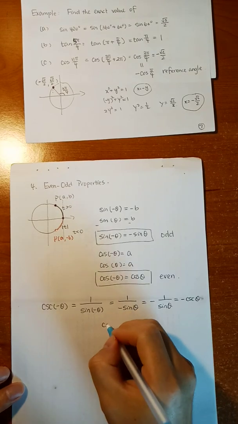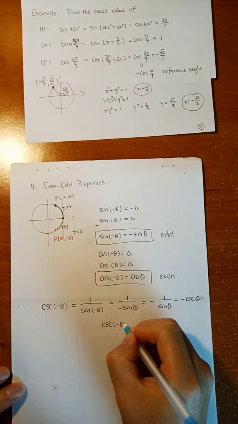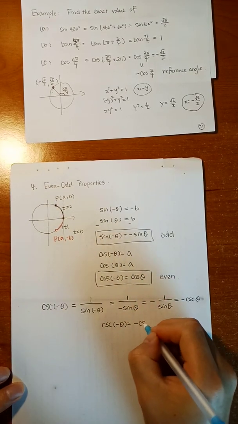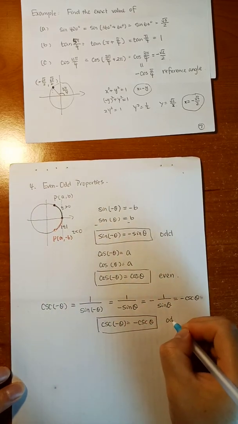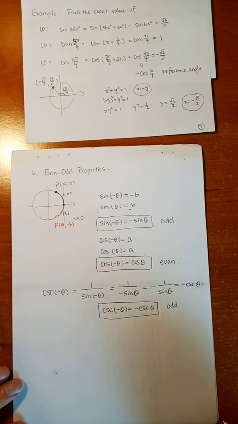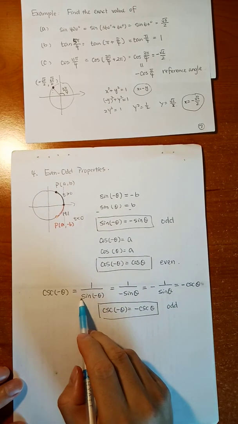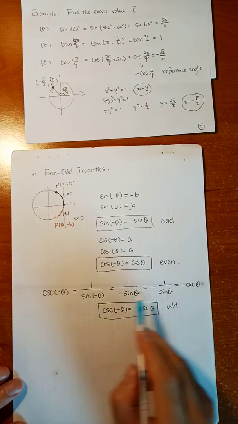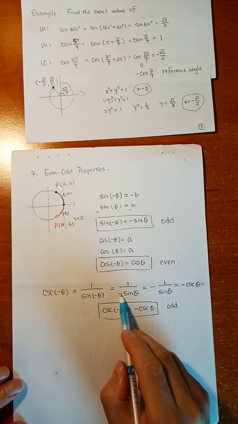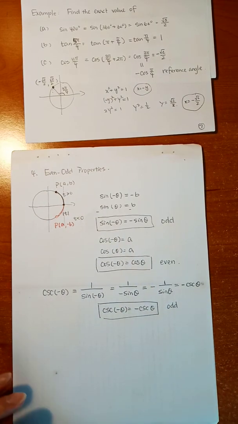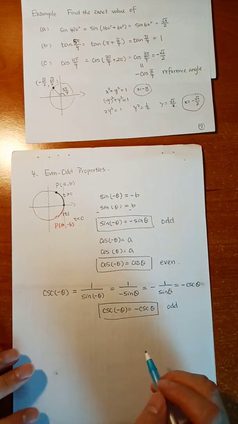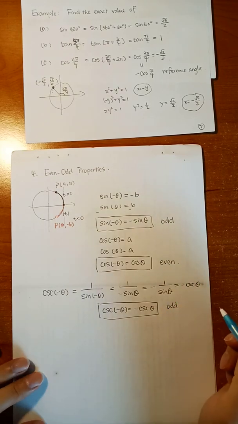So cosecant is also an odd function. You move the negative sign forward one step because of the odd property, and then from the bottom to the front because of the quotient property, and then you recall the definition of cosecant.